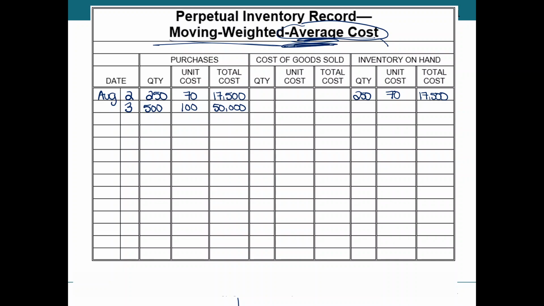So rather than keeping these separate like we did under FIFO, we always only have one average cost that is used. Okay, so the way that we do this, the first thing that you figure out is the quantity. So that's number one. The second thing we'll figure out is total cost, and then we always figure out the unit cost third.